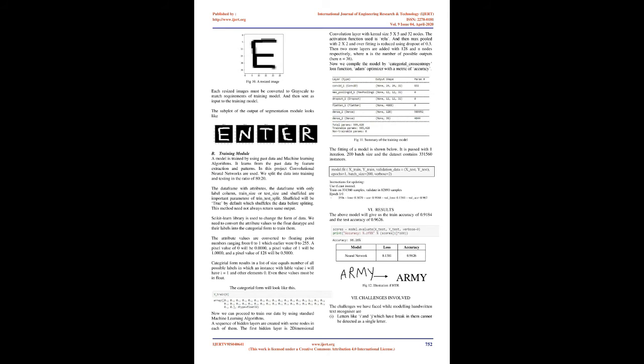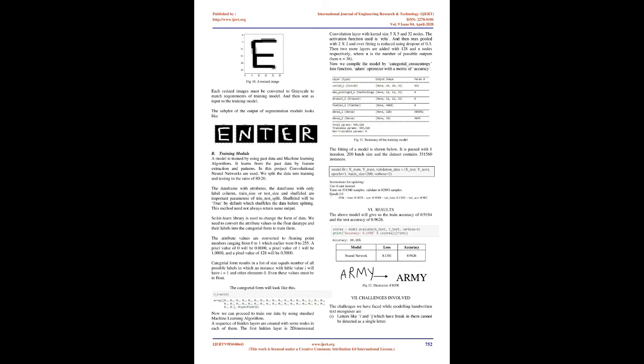The scikit-learn library is used to change the form of data. We need to convert the attribute values to the float data type and their labels into the categorical form to train them. The attribute values are converted to floating point numbers ranging from 0 to 1, which earlier were 0 to 255.